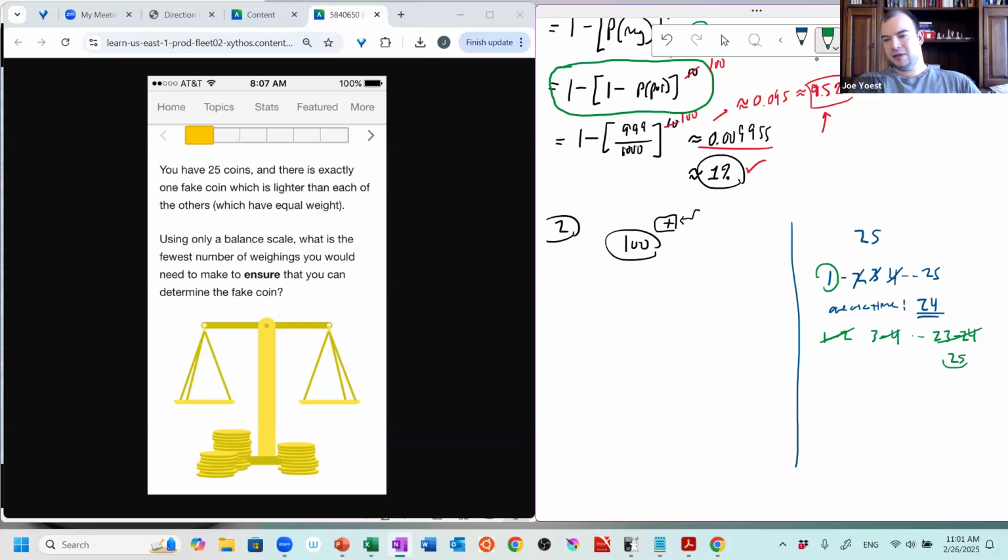And then that would mean that 25 has to be the fake coin if everything else balanced. I wouldn't even need to put it on the balance. So this would require 12 weighings. Well, maybe put a double underline under that. So I could do it in 12 weighings.